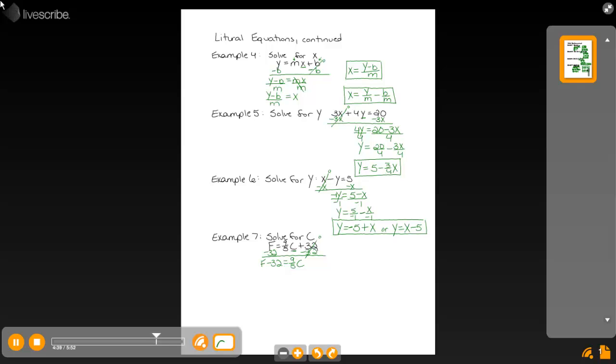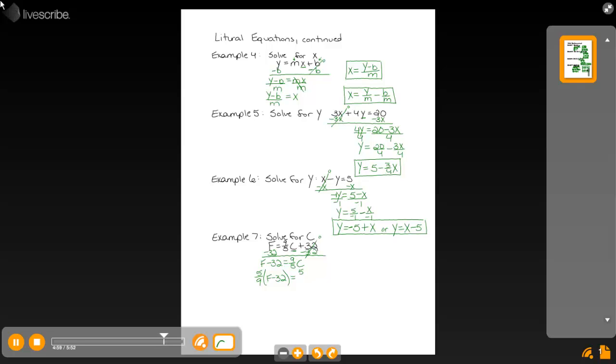So now we want to get rid of this 9/5. In order to do it, we're going to multiply both sides by the reciprocal. So on the left, we're going to have 5/9 times f minus 32. Notice I put this in parentheses. You're multiplying everything on the left-hand side by 5/9.